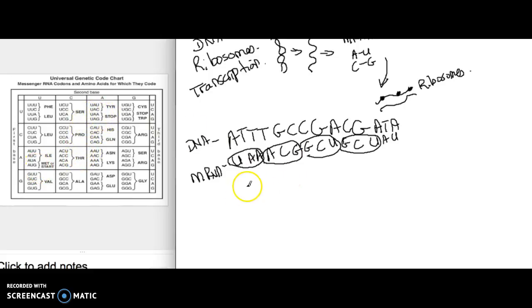UAA is a stop codon, so it will form STOP. ACG will form THR, and so forth. So this is your amino acid.